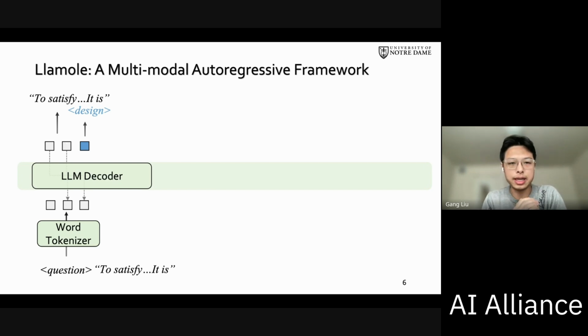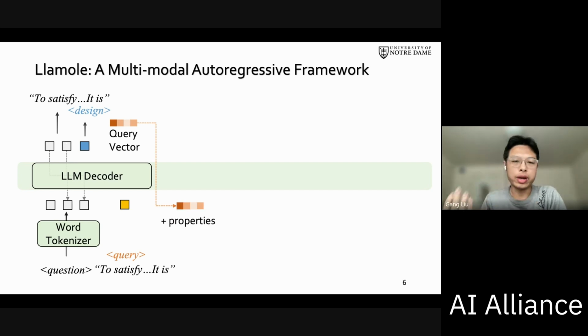Here we call it a design special token. This special token tells Llamole that we need to activate the graph diffusion transformer module to design new molecules. But before that, we add another special token called query. This special token will pass through the large language model decoder to summarize the previous tokens into query vectors.